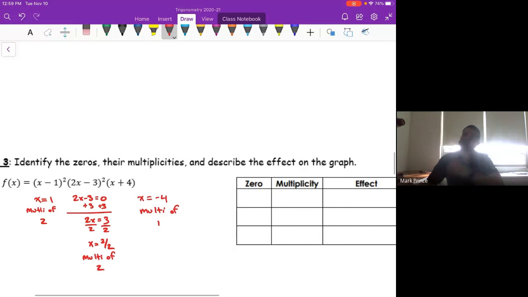All right, so my zeros, if you want to write it left to right, that's fine. Our first zero ended up being x equals 1, and that had a multiplicity of 2. So using our definition above, since it's an even multiplicity, that means it's tangent.